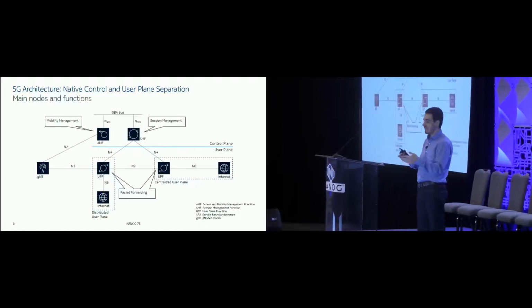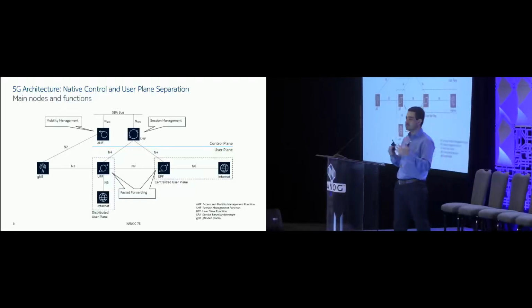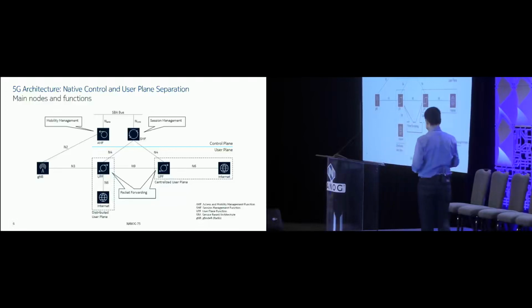So we have this N4 interface, or N4 protocol, which I'm going to show you in the next slide. Basically, once the SMF needs to set up some flows, when somebody wants to access the internet for doing Facebook or whatever, it will go ahead and program those flows in the user plane function. So it's pretty much like an SDN type of environment.